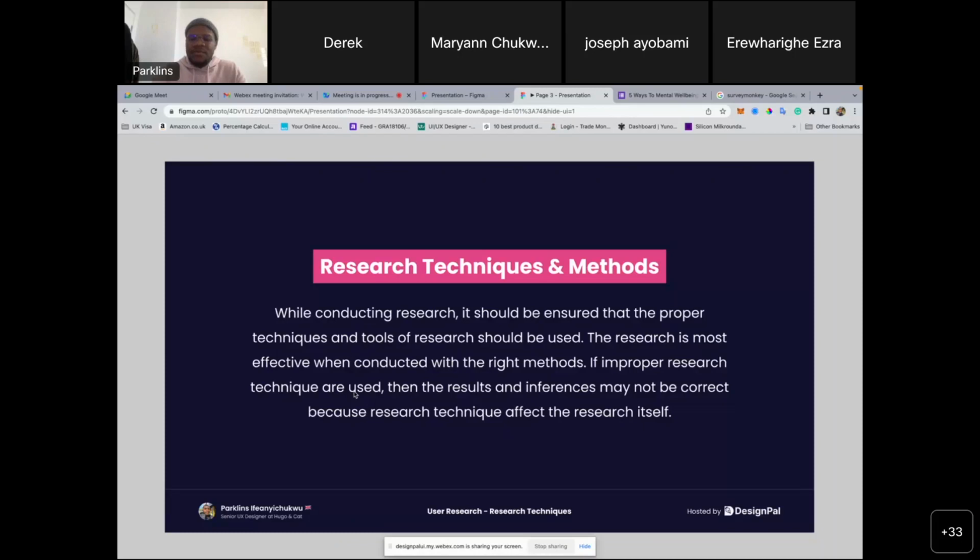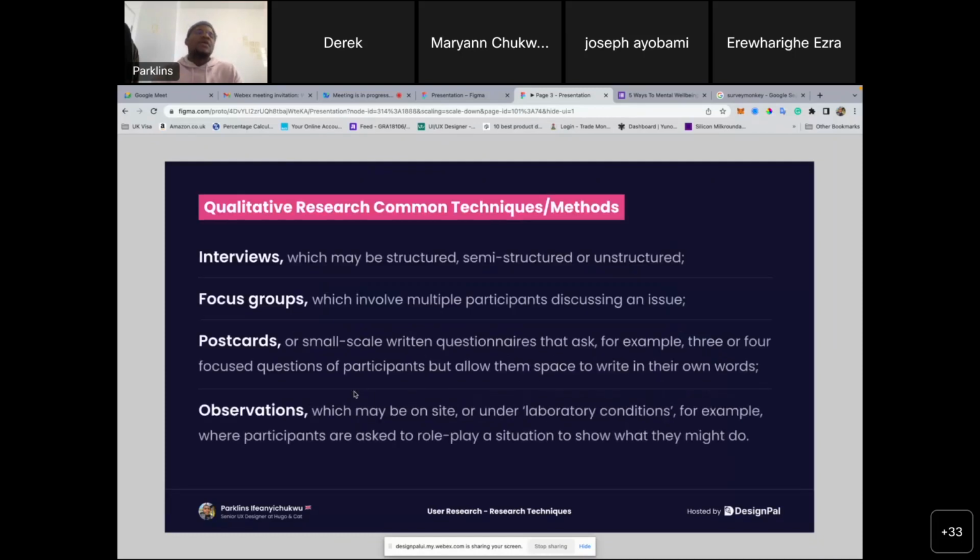There are different types of techniques, and you can pick and choose the one that is right for your particular circumstance. Now, for qualitative research, these are common techniques and methods that are used.